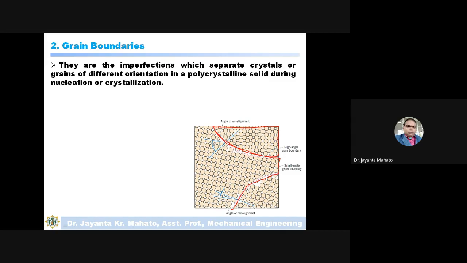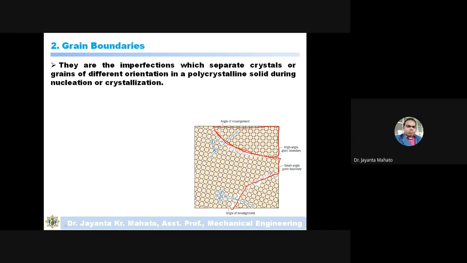So there is actually a misorientation from this region to this region. That is actually the misorientation of the arrangement of atoms.